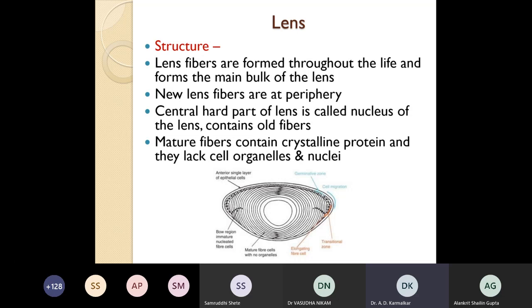The central part, the hard core called the nucleus, is occupied by the old fibers, and the new fibers are at the periphery. You can see in this diagram very nicely that the new fibers are peripherally placed, and the cells of the anterior cuboidal epithelium get elongated and form the lens fibers. Mature fibers contain crystalline protein and lack cell organelles and the nucleus.